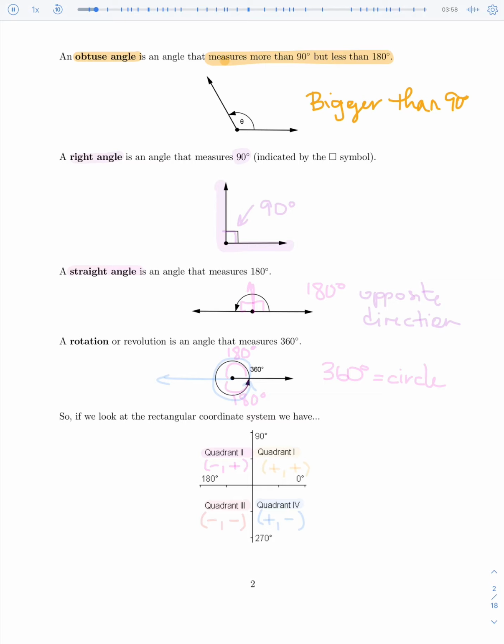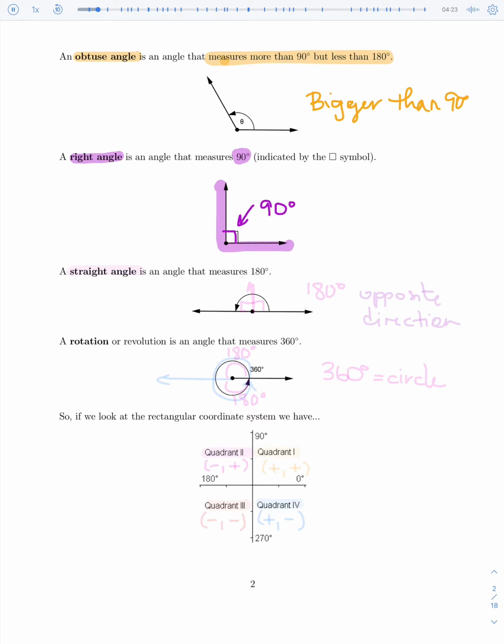And then we have another special angle, a 90-degree angle, which is called a right angle. And almost always, not always, though, you'll see a little square. Whenever you see one of those, that indicates you have an exactly 90-degree angle. They won't always put one, but when they do, it means you have a 90-degree angle.